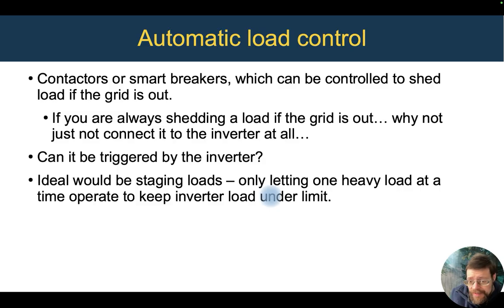So you could say, if the EV charger isn't drawing any power, turn on my air conditioner, but when I plug something into the EV charger, then drop the air conditioner to prevent overload of the inverter. That would be ideal, and right now that's all in custom independent control stuff, not built into either the inverters or most of the smart load panels that I've looked at so far.